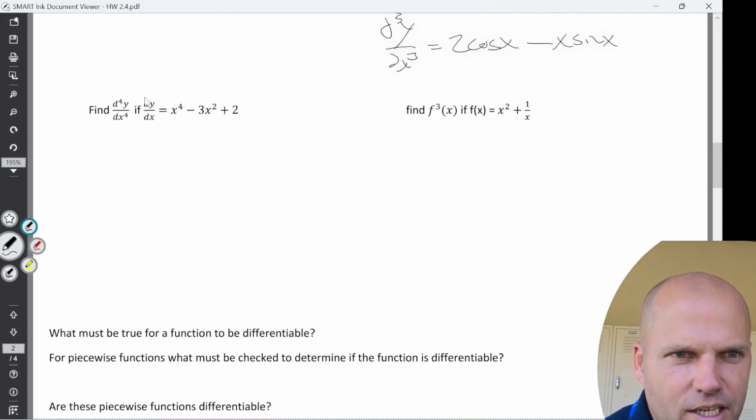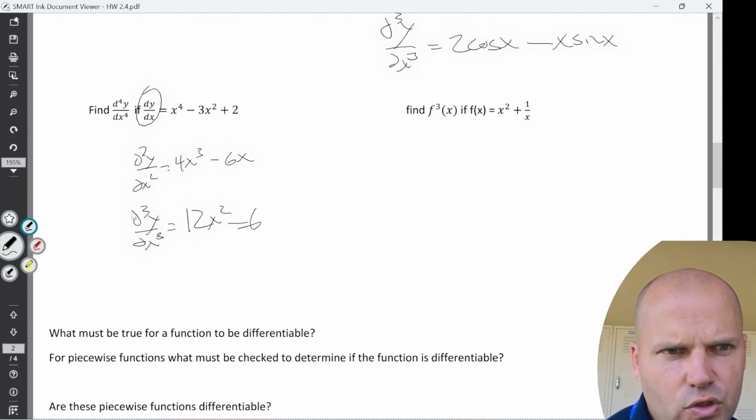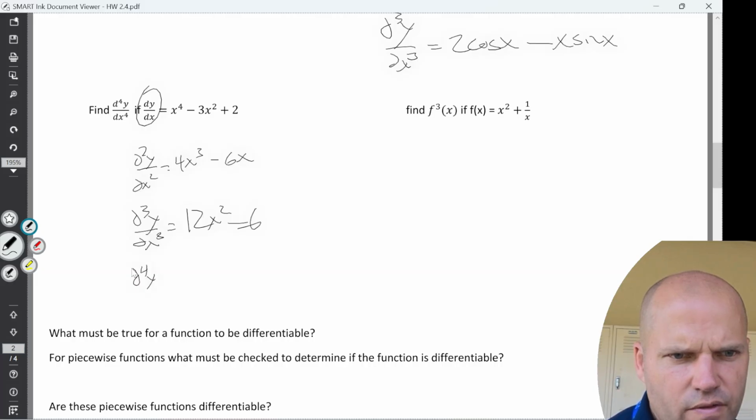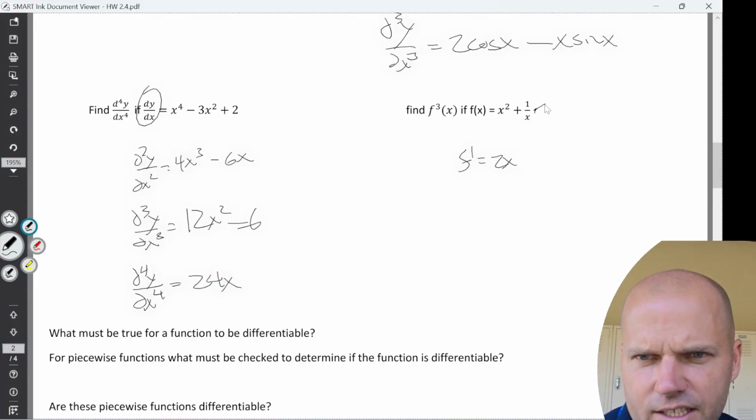All right, so pay attention to the fact that you already have the first derivative. So when you take the derivative, you already are at the second. Take the derivative again, you're already at the third. Take the derivative again, you are at the fourth. This one's interesting because we will realize that this one's going to go away, but this one will not.